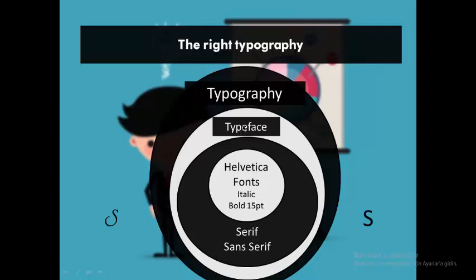So we have typeface, the word typeface, and then serif, sans serif. Serif and sans serif are kinds of typography. Serif means the letter with a tail or a feet. You see an example of serif here. It looks more traditional.